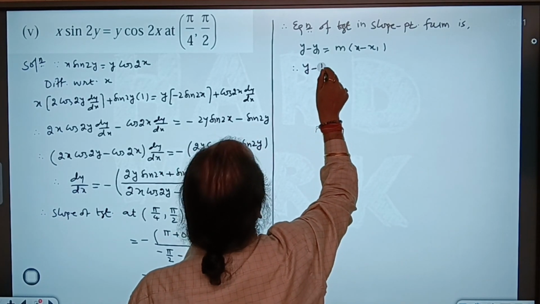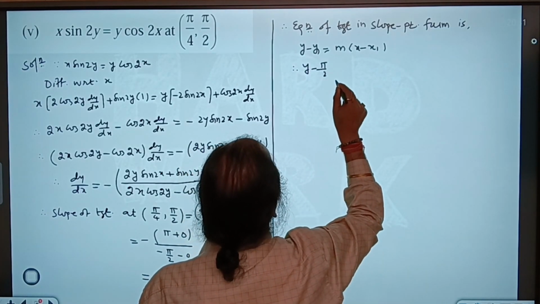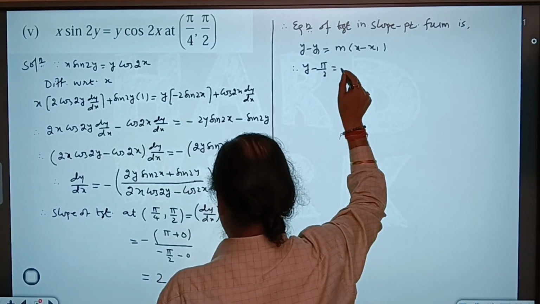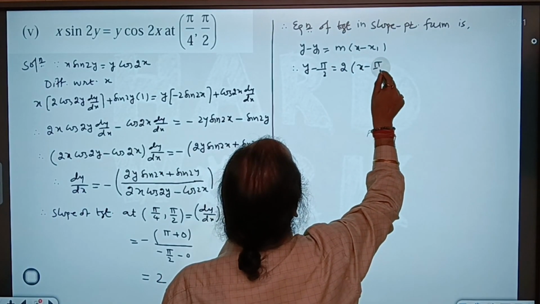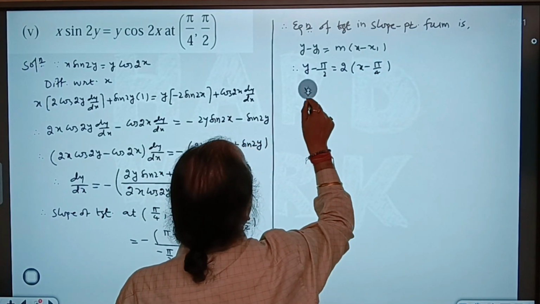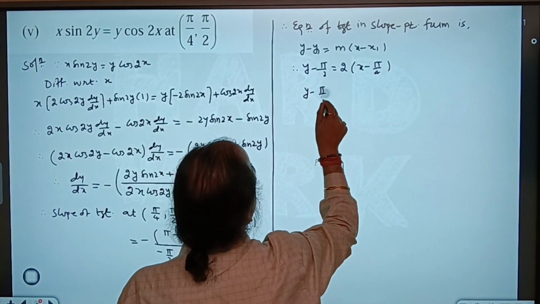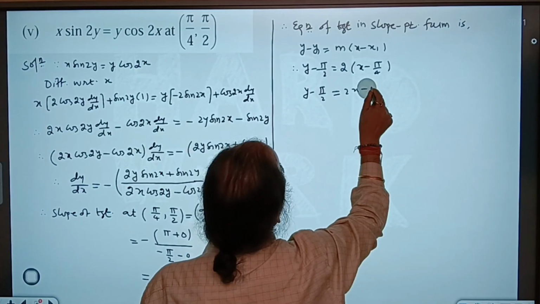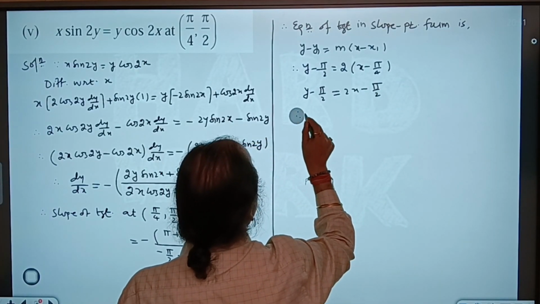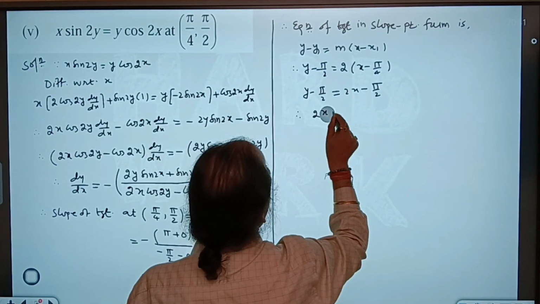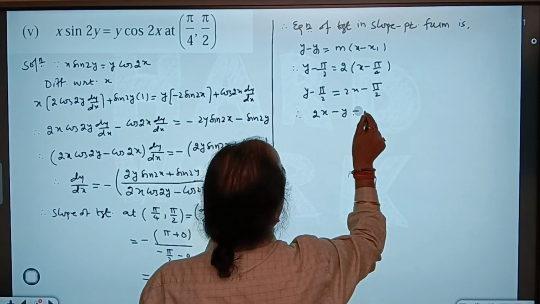So y minus pi by 2 is equal to 2 into x minus pi by 4. Y minus pi by 2 is equal to 2x minus pi by 2. Minus pi by 2 will get cancelled, so 2x minus y is equal to 0.